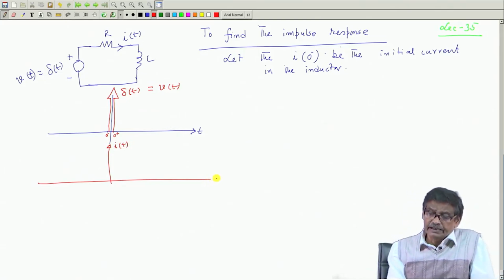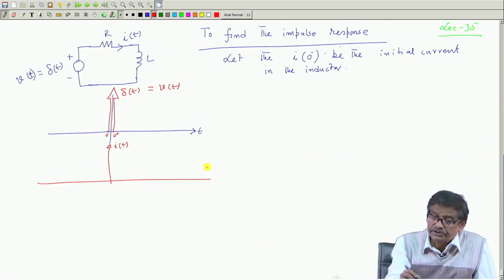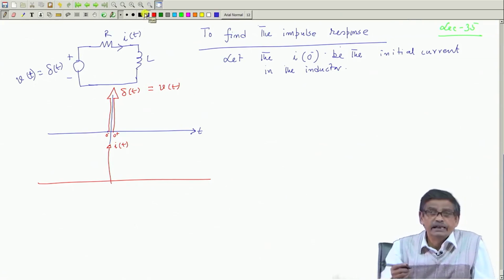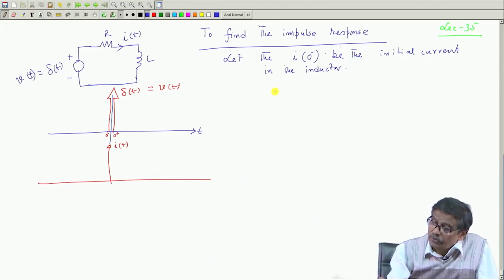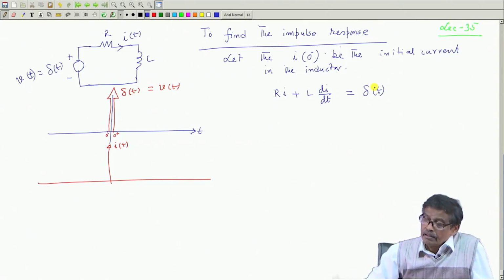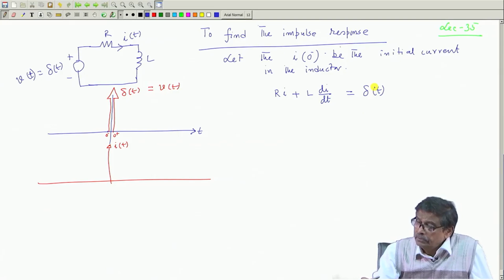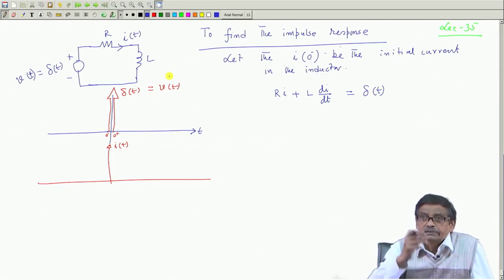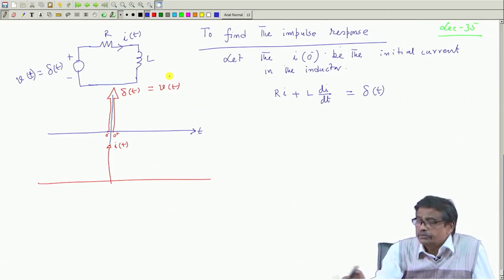The first thing is I will write down the differential equation, KVL is to be satisfied. So, R i plus L di/dt equals delta(t), that is the voltage applied. But as I told you, delta(t) on the right hand side has infinitely large amplitude, so you cannot proceed further with this equation.